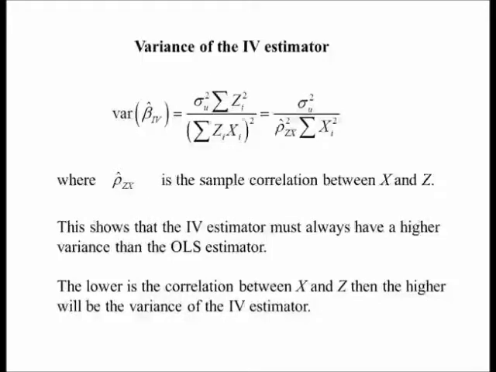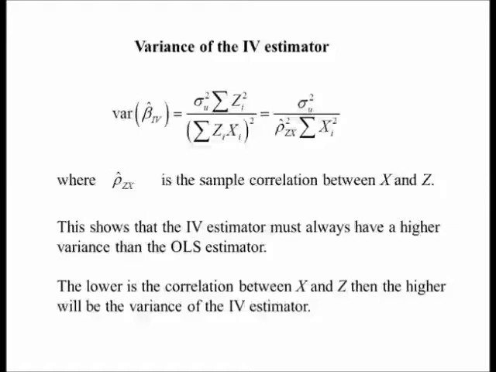So just to run through the argument first of all, what we'll find is that when we find the variance of the instrumental variable estimator, the variance of beta hat IV, we'll get the following expression. We'll get sigma squared u divided by the sum of x squared multiplied by rho hat squared zx, where rho hat squared zx here is the sample correlation between x and z.